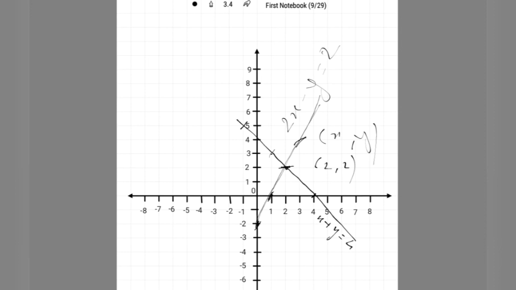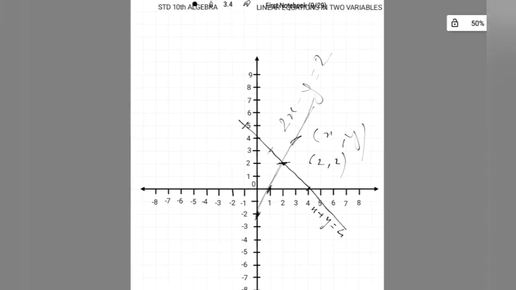So if it is not given which method we have to use, it is better you solve it by elimination or substitution method, so that you would not make any mistake in the exams. Okay, so this is how we do it by graphical method.